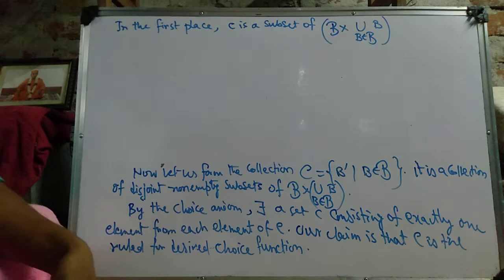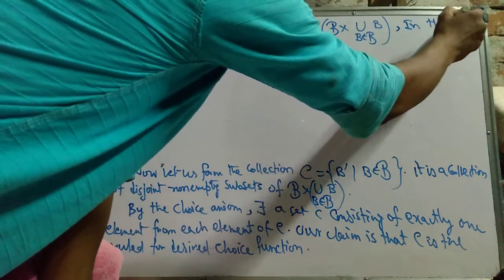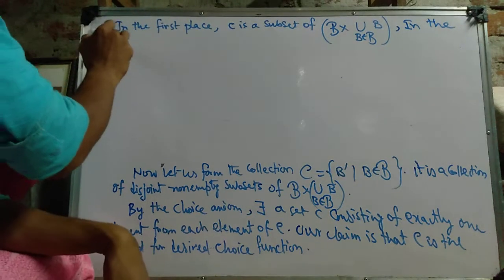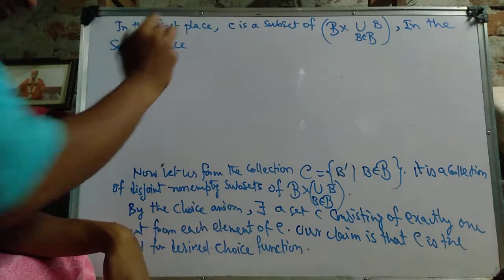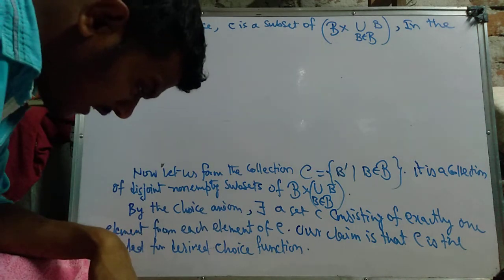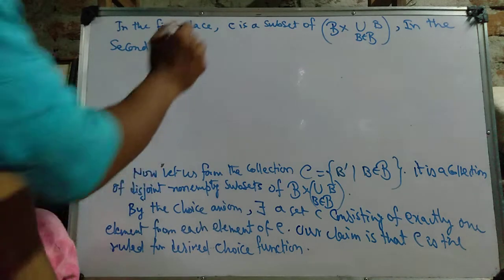In the second place, C contains exactly one element from each set B dash.